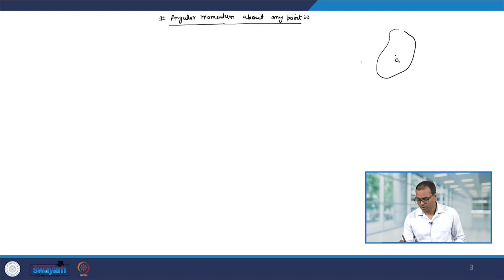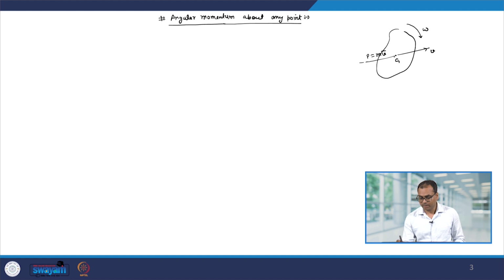Therefore, the momentum acting on the body is P equal to mv. And let us say this body is also rotating with an angular velocity omega.